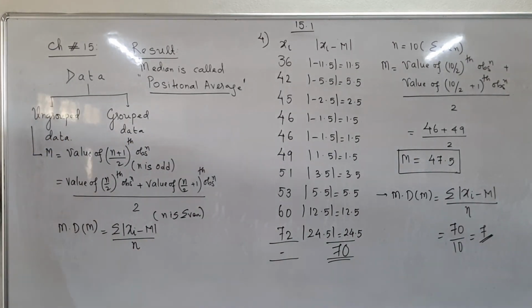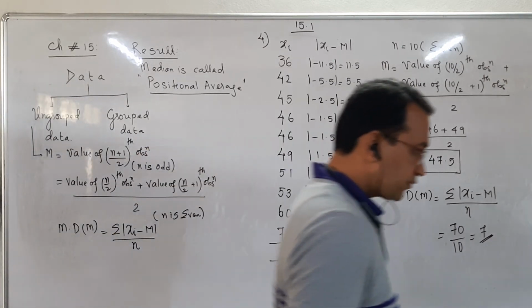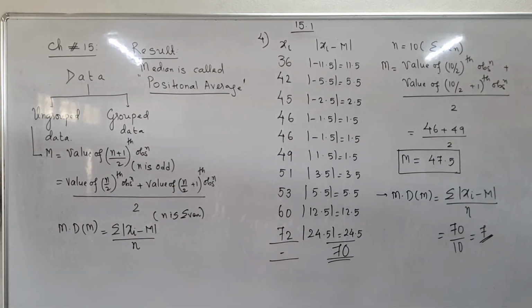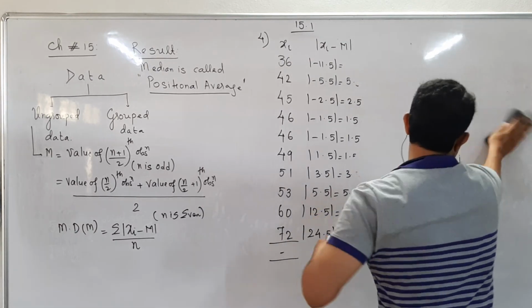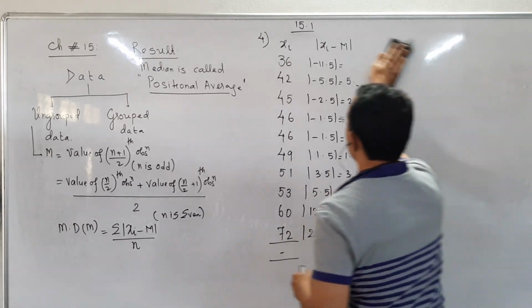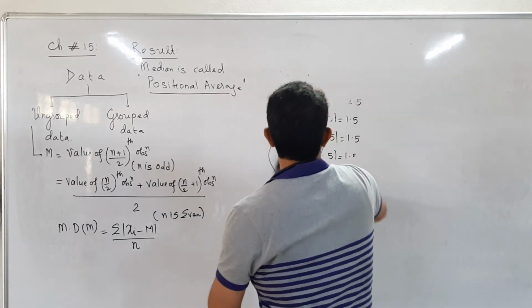Now, students, we have completed the first 4 sums, and the next set of sums are for group data. I want to explain a few more basics regarding group data, so all of you please concentrate.